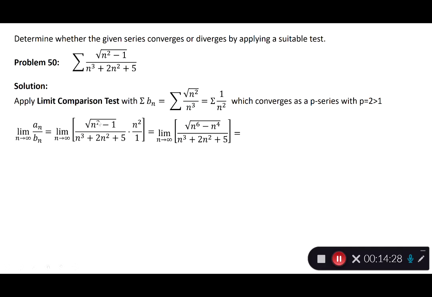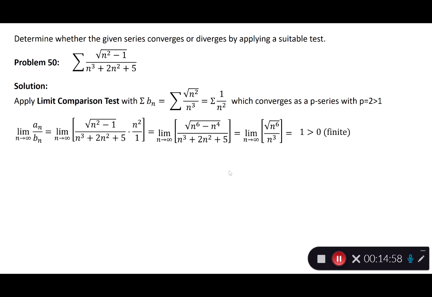So n square going inside becomes n to the 4. So we have n to the 4 times n square minus 1 under the radical, which is what this n to the 6 minus n to the 4 is. So here I just happened to do that and then ignore the lower order term n to the 4 in the top and 2n square plus 5 in the bottom. Either one is fine. So that turns out to be 1 as well, and it's greater than 0 and finite.